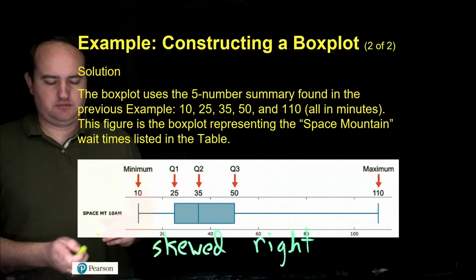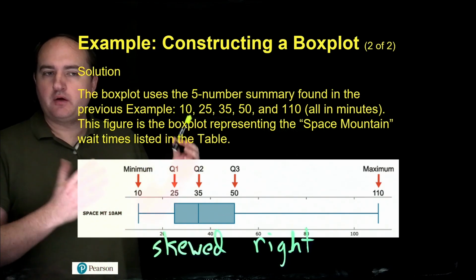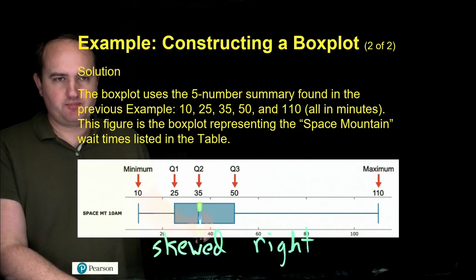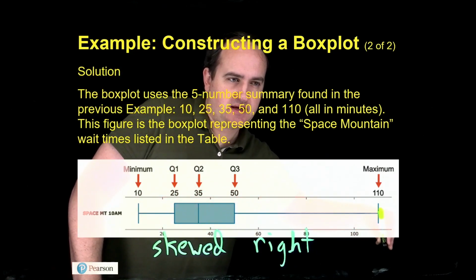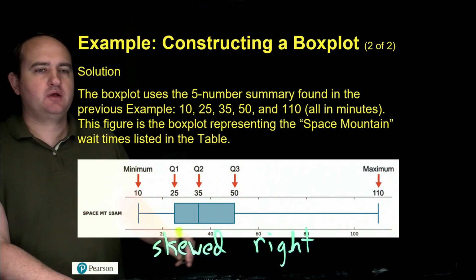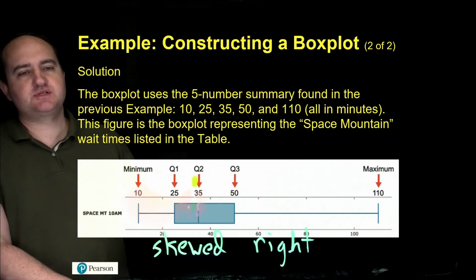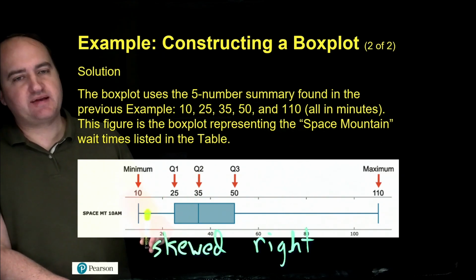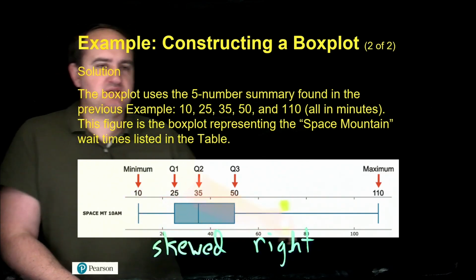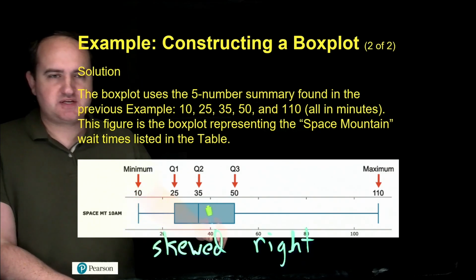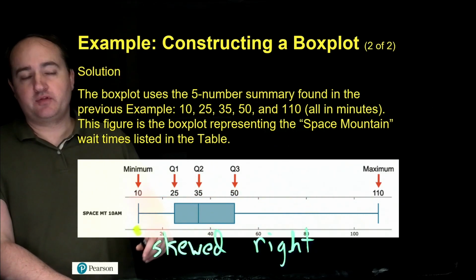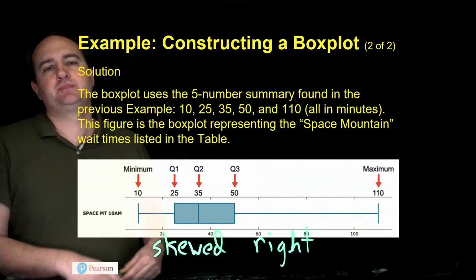Again, the tail on the right is the same as the distance from the middle, or the median, to the right side, which here is the maximum. The tail on the left is the same as the distance from the median to the left side. Because this distance to the right is larger than this distance to the left, the tail on the right is larger than the tail on the left, so we say it's skewed right.